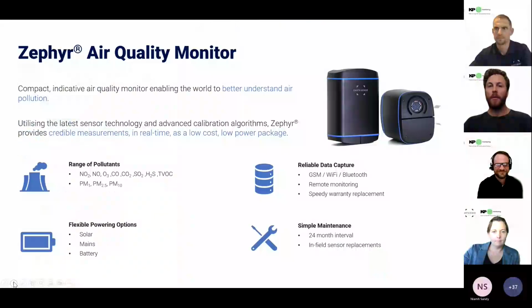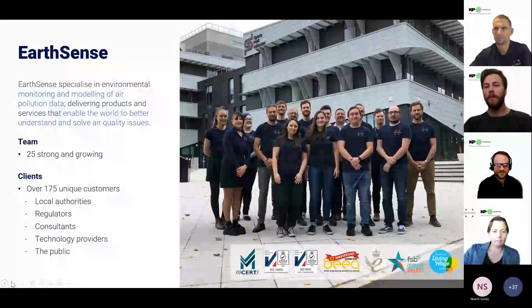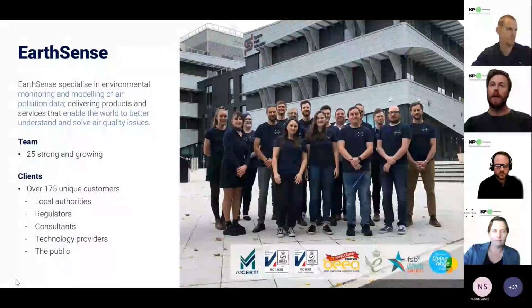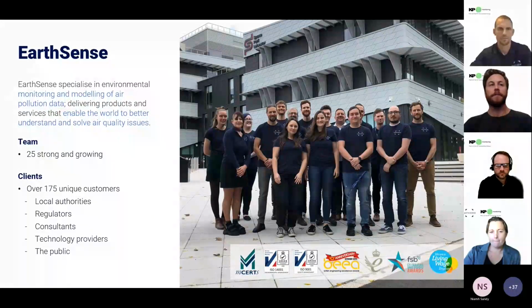We are ISO accredited for environmental management and quality management. We've now got certification for one of our products on MCERTS, and we've received a few awards throughout the years, and notably last year for Zephyr, we received the Innovation Award for Air Quality.